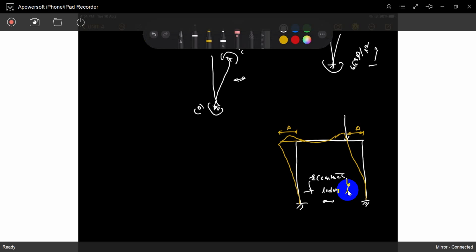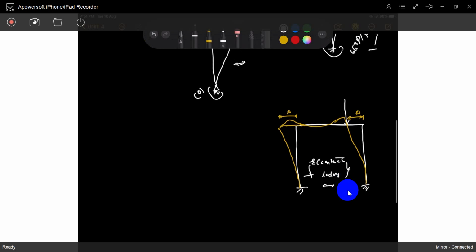So the next thing: loading is exactly symmetric, but if this column has flexural rigidity I and this has 2I, 2I means the shape size is different.